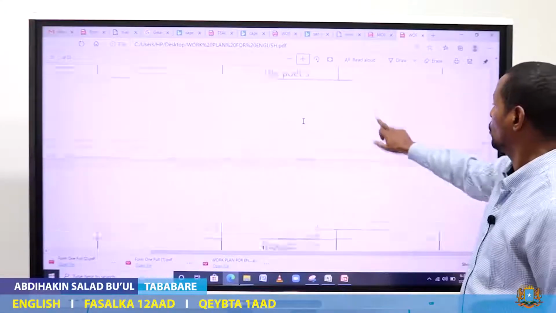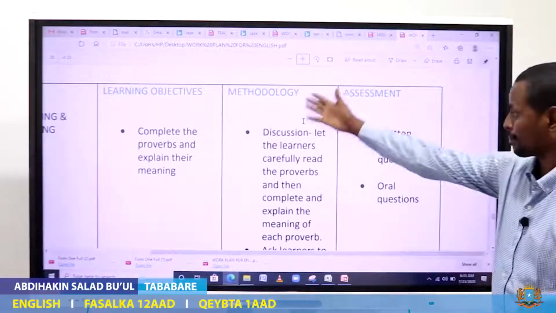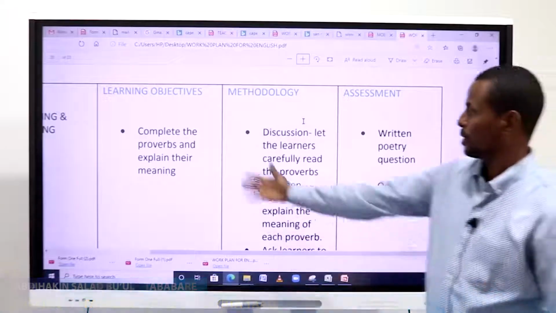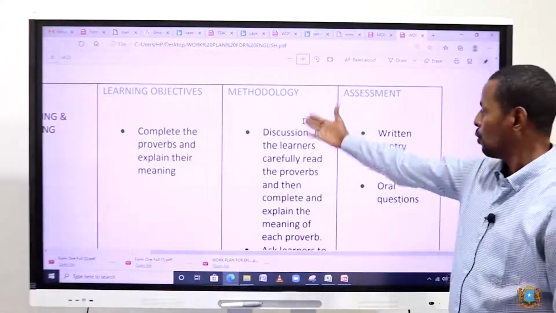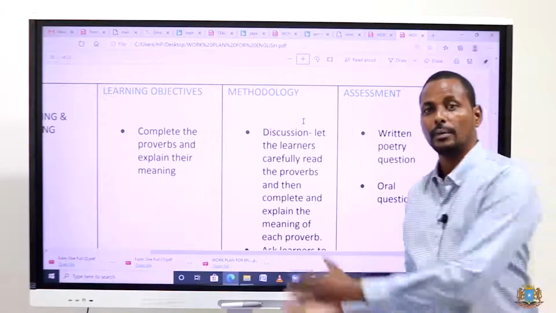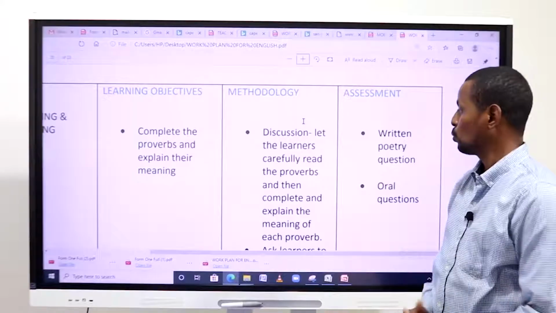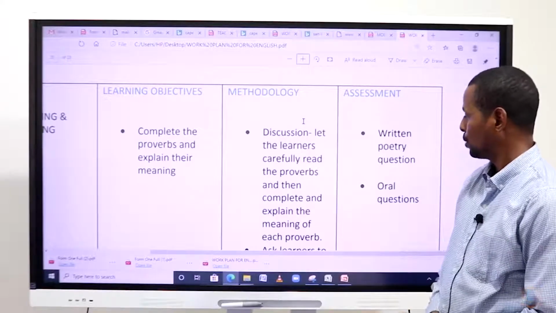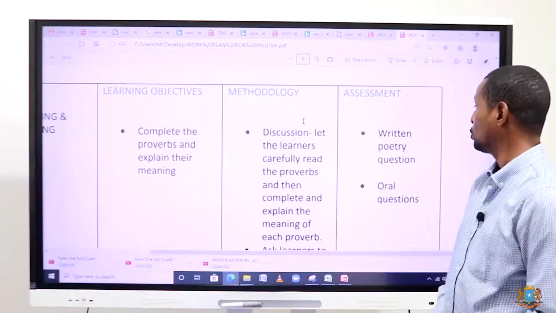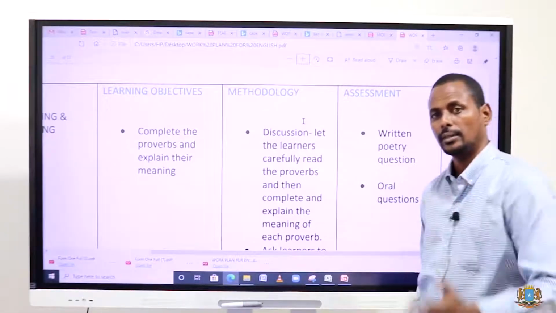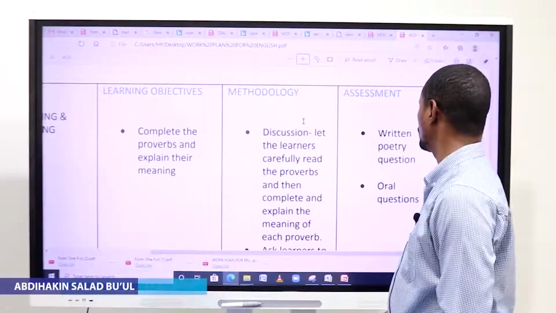Now, for you to know if the student has understood this, since we have discussed the objective here, how are we going to achieve the objectives? We have discussed the methodologies. If I want to know if a student has really understood the poem, how am I going to assess? How can I tell that my student has at least understood what I have taught?